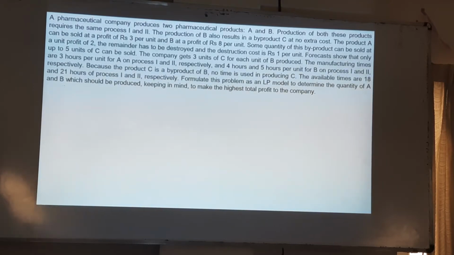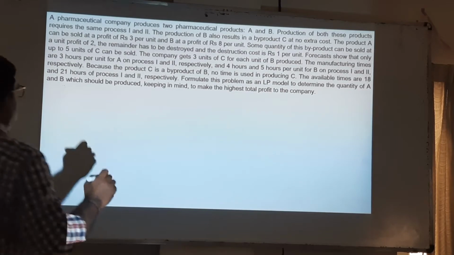So that is why we have to take 4 different variables, which we will explain in a table. There are two processes, process 1 and process 2, and the available time constraint is given. What we need to do is only formulate this linear programming problem.